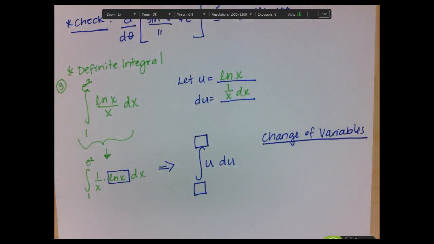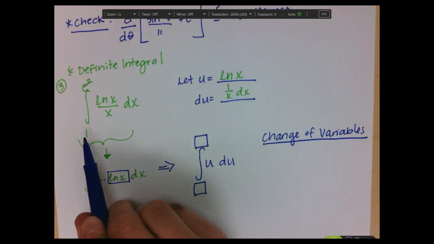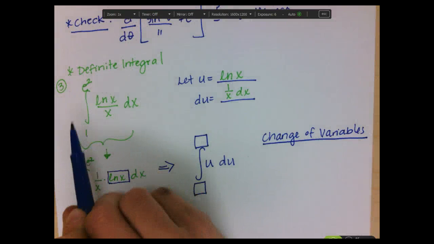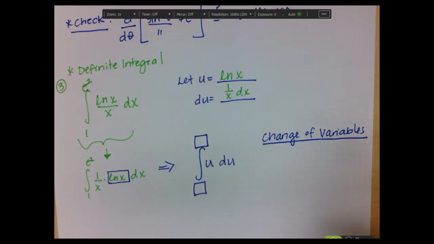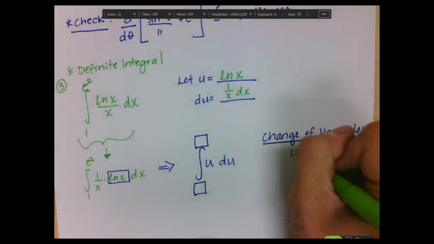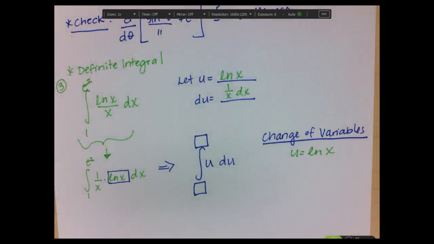Before, I was integrating in terms of x, and so these values are given in terms of x. Now I'm going to integrate in terms of u. So if I want to use the fundamental theorem of calculus, I'm going to have to change these lower and upper limits. So remember that this is the equation that relates u to x.